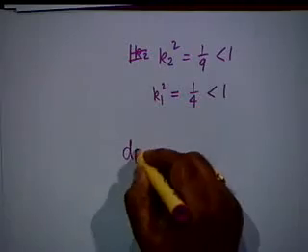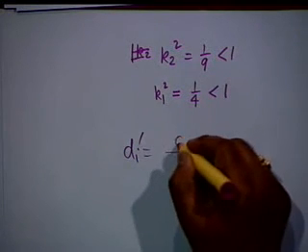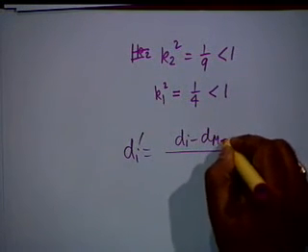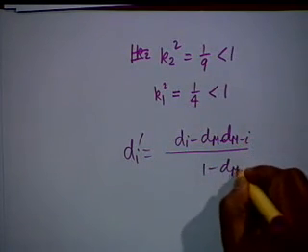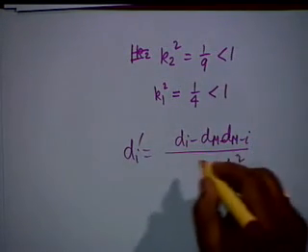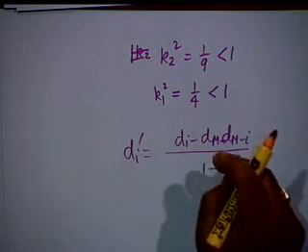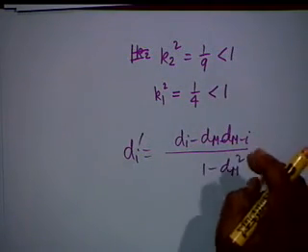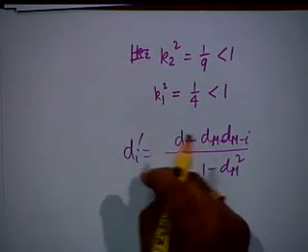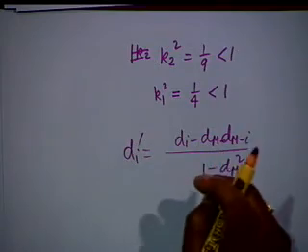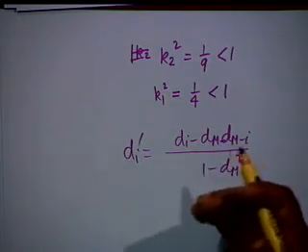Okay. Number 2, this di prime equal to (di minus dm times dm minus i) divided by (1 minus dm squared), you can write a very simple program to compute this, and all you have to do is change m, and you have to keep track of the primes. Well, if it gets complicated, you use the 26 alphabets.